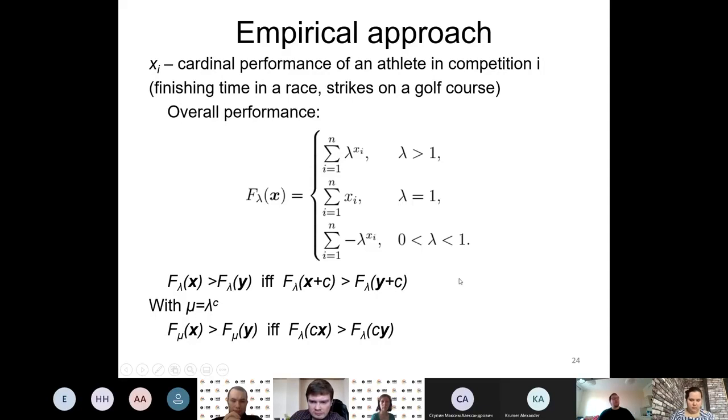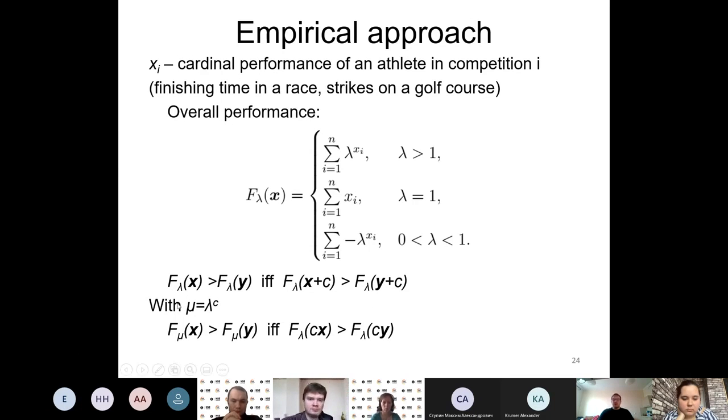So in the sporting context, it means that it doesn't matter whether we calculate finishing time from the world record or from 0 or from any other fixed point, say from 1 minute and so on.